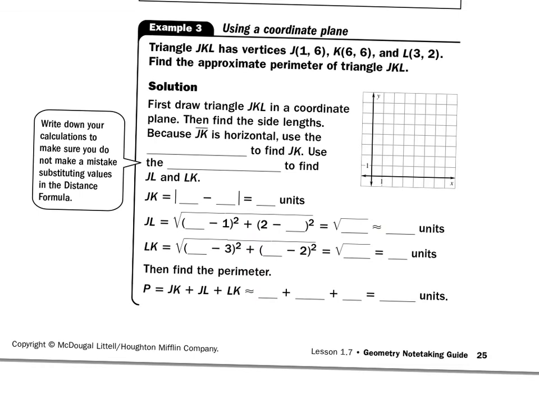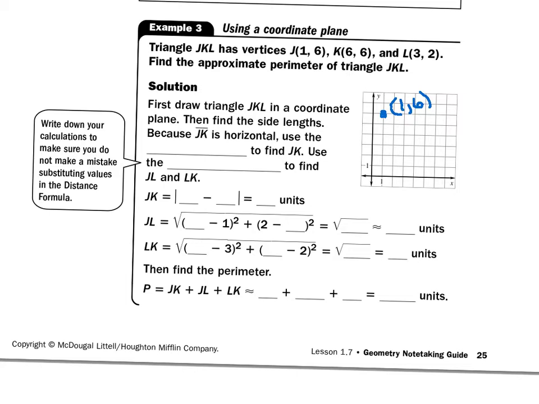Okay, use a coordinate plane on example 3. Triangle JKL has vertices J is 1, 6. So let's go ahead and plot that. 1, 2, 3, 4, 5, 6. Put the numbers beside it because you'll end up using the numbers.